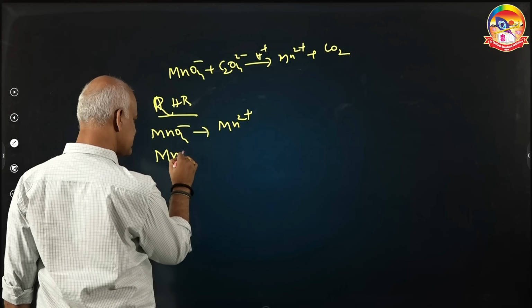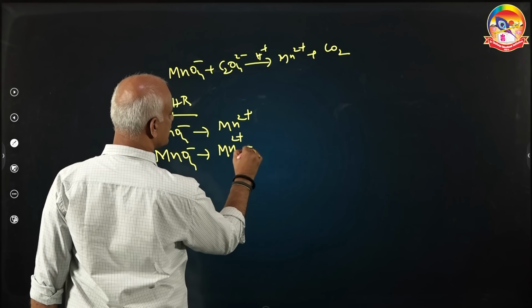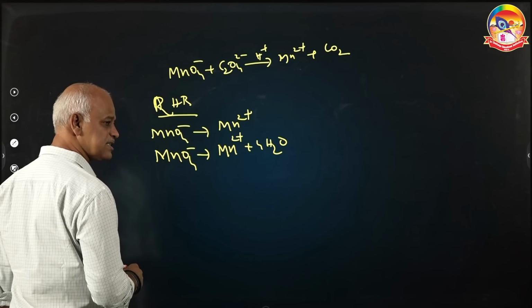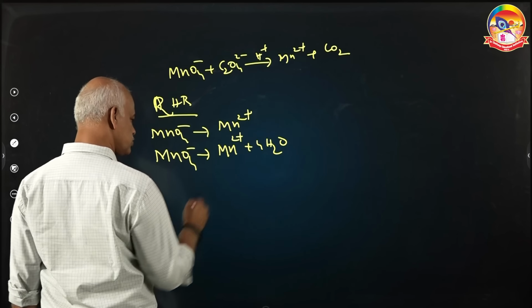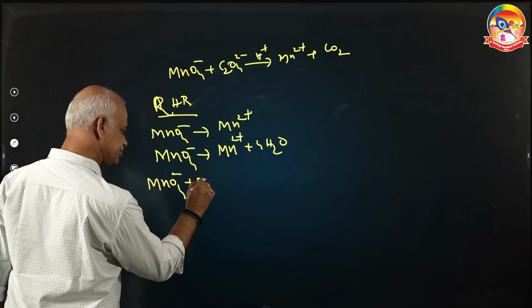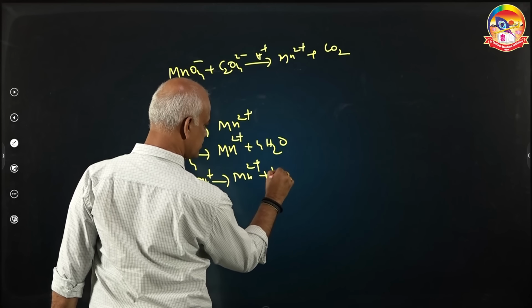Oxygen should be balanced. What is the rule that you should follow for oxygen? 4 water molecules must be added. Now oxygen is balanced. What about hydrogen? 4 twos are 8, so 8 H plus must be added.